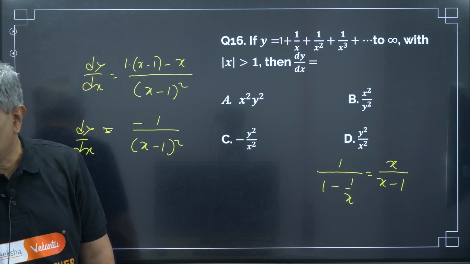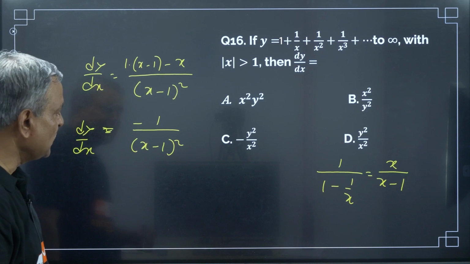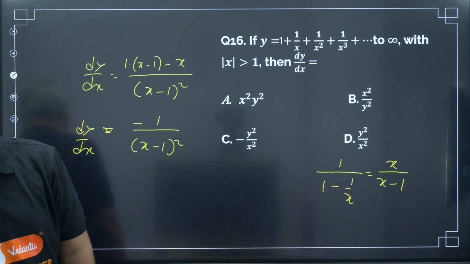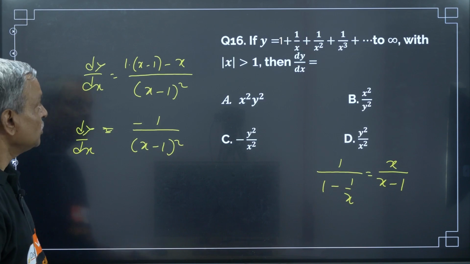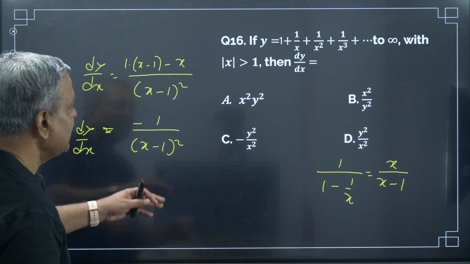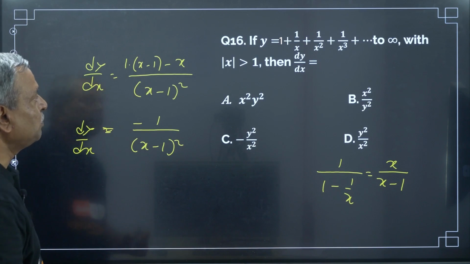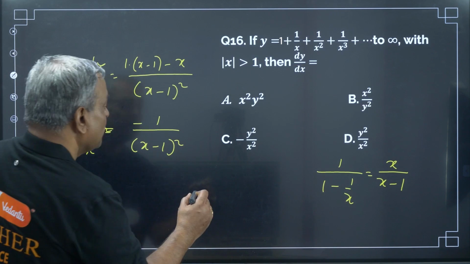So dy by dx is equal to minus 1 by x minus 1 whole square. Now we have to rearrange it in such a way, or you see which option is satisfying it. Suppose I take option C, what is option C?